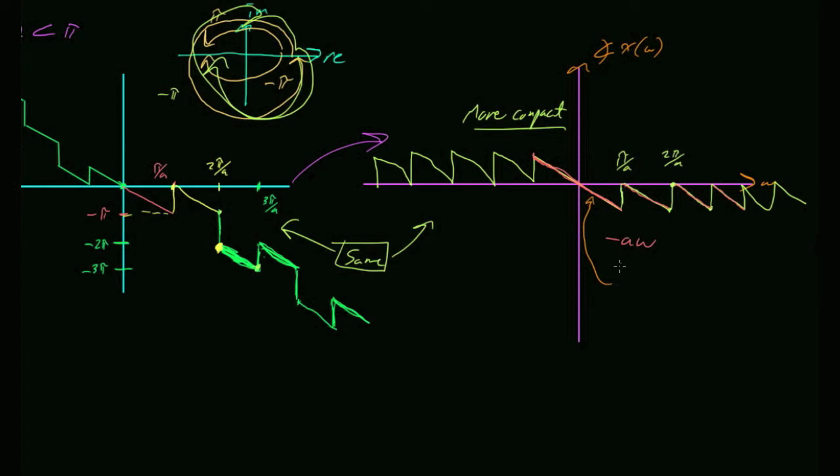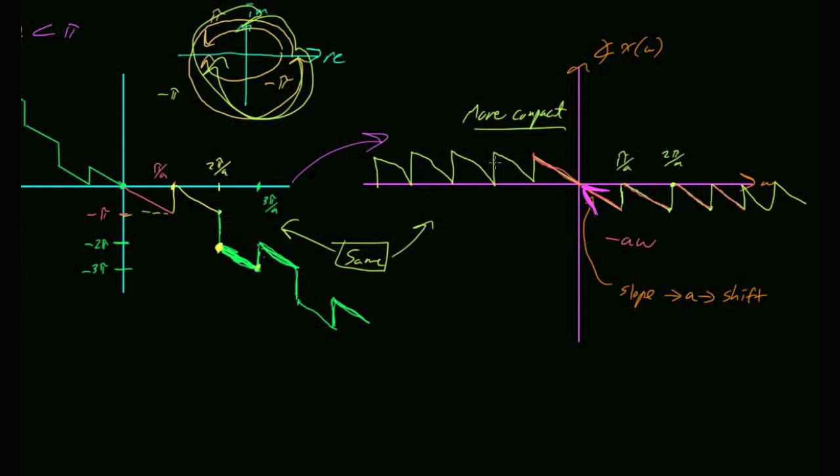The slope of that line is set by a, which is set by the phase shift. So if this line is steeper, you had more phase shift. And if this line is less steep, you had less phase shift, or time shift in the original signal. If that line is steeper, that means you shifted your signal more. We shifted our signal by a.